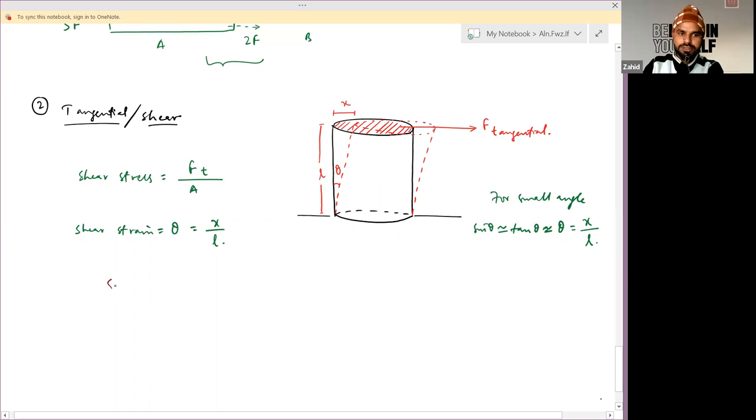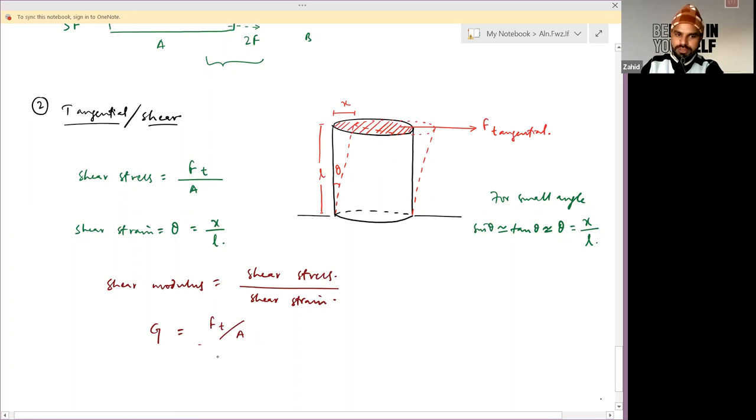Now, if you divide these two terms, the ratio of stress to strain in this part is called shear modulus. So it will be equal to the ratio of shear stress to shear strain. Shear modulus is denoted by capital G. Shear stress is F tangential over area of cross section, and shear strain is theta. You may rearrange it like this. Now, in this deformation, there is a change in shape of this particular object. So you will say this shear modulus is also called elasticity in shape.